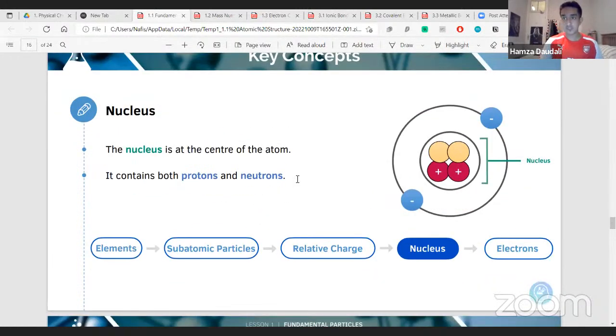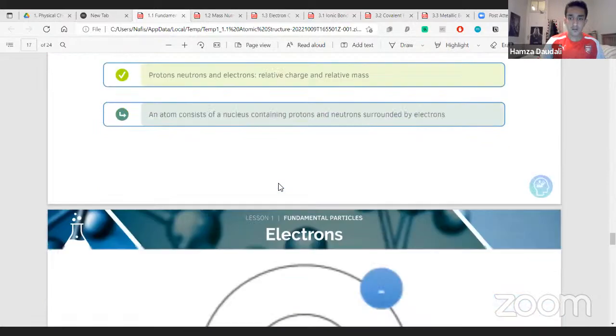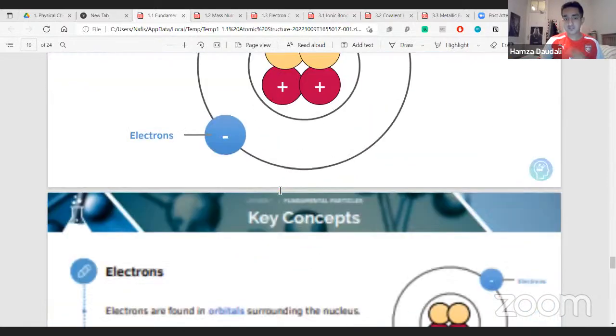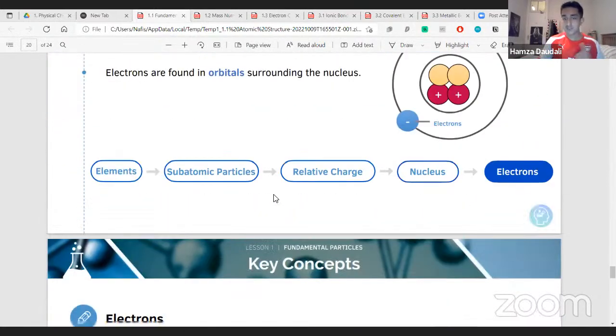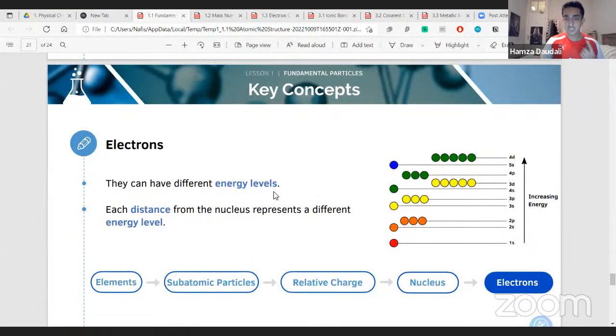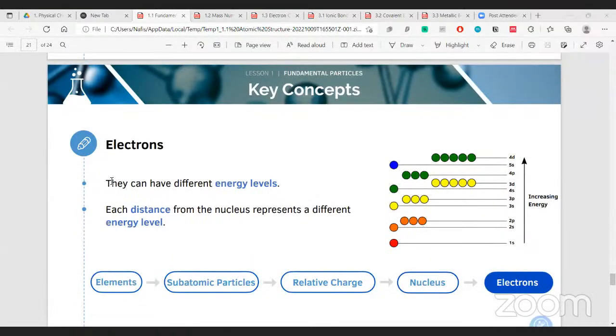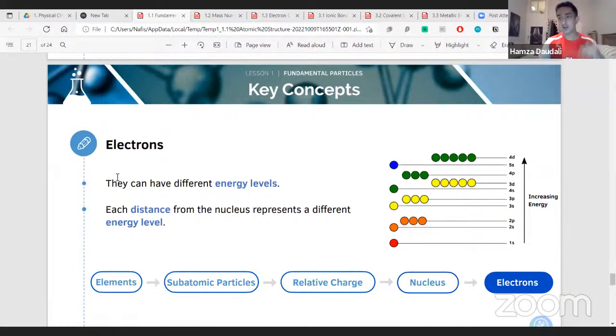And we'll talk a lot more about how that affects the bonding of an atom when we talk about bonding and structure. Electrons spin around in orbitals around the nucleus. The electrons can have different energy levels depending on how close or how far the electrons are to the nucleus.